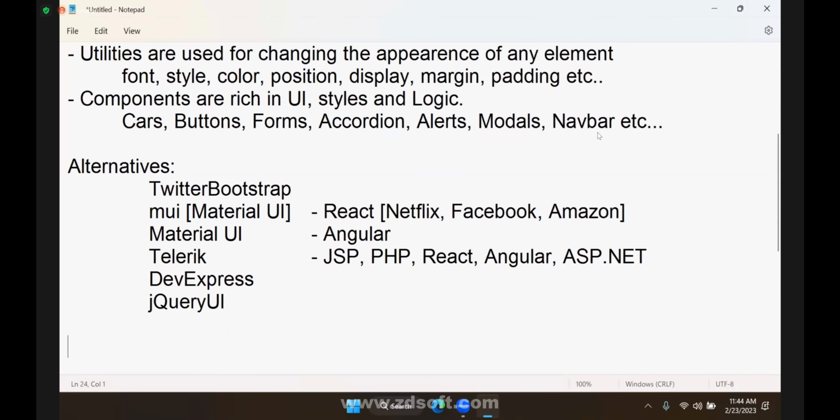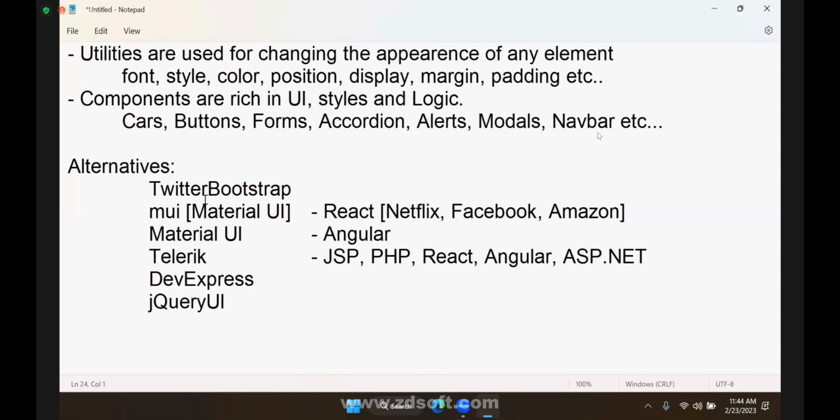These are all alternatives. Don't think that everybody uses only Bootstrap. But if you can handle Bootstrap, you can handle all the others also. That's the reason the majority of companies are using Bootstrap. If anyone is not using Bootstrap, you can easily handle that too if you have knowledge of Bootstrap, because all are similar, only a few changes will be there.